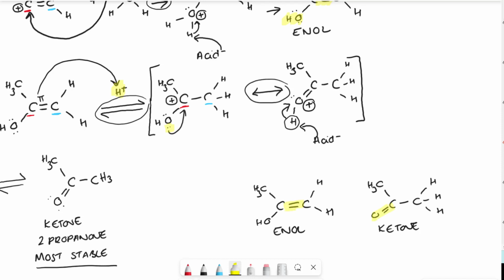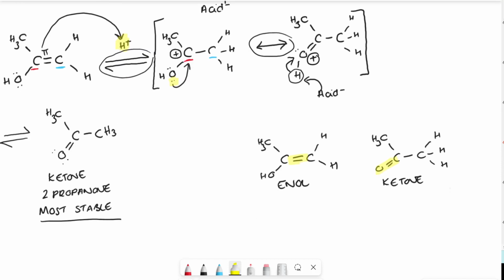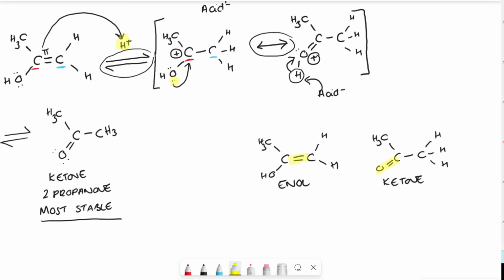So you've had the movement of electrons slipping back and forth there. And when you have that, they become known as tautomers. And tautomers exist in equilibrium. So again, you have roughly the same amount of them.